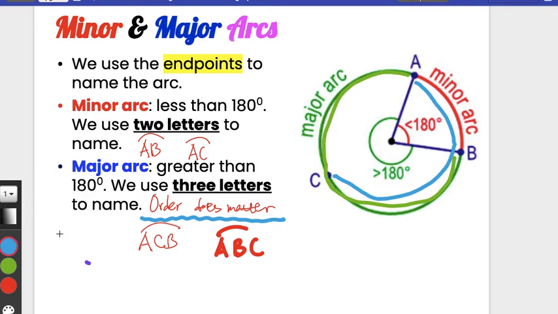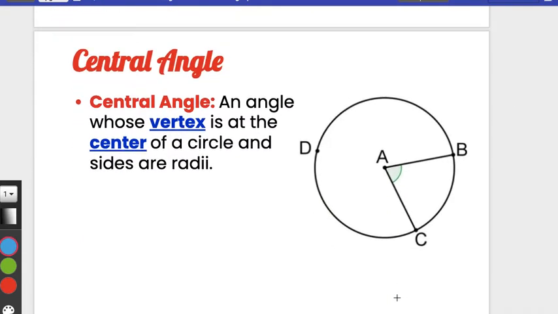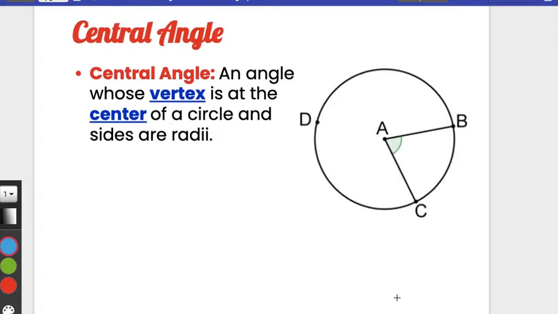Next, we are going to talk about the main topics today, which are the central angle and the inscribed angle. Let's check. A central angle is defined by its location and the sides of the angle. For a central angle, the location of the vertex is on the center of the circle, as you can see here.